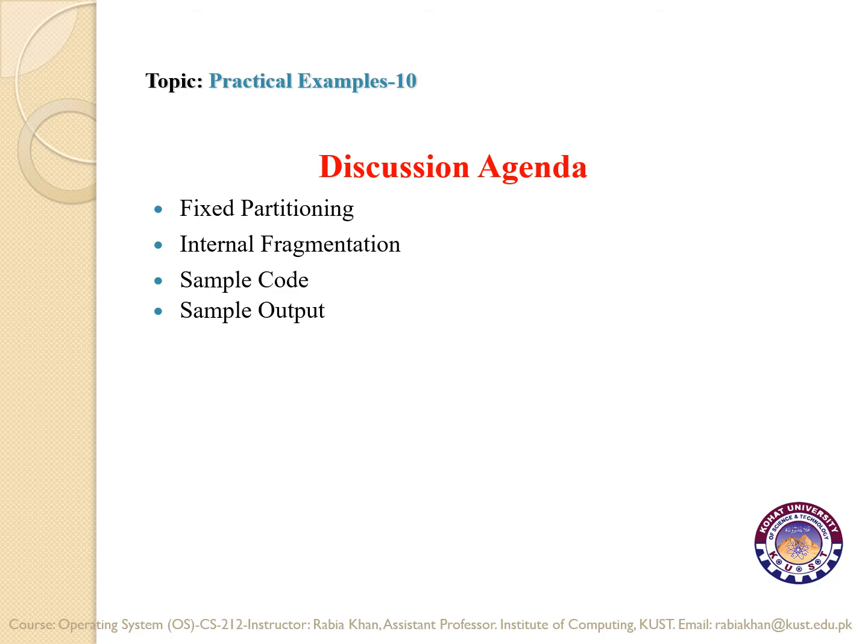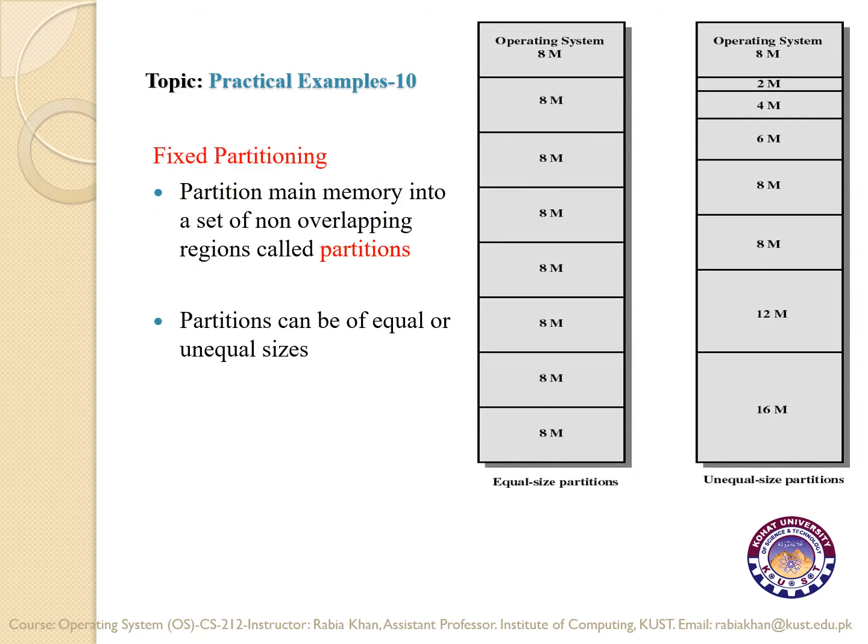So let's start with our first topic in the agenda, that is fixed partitioning. What is fixed partitioning? You all must know about it as we have already discussed it in chapter 6. So let's revise what all we have studied.